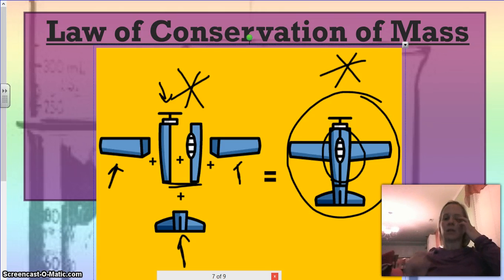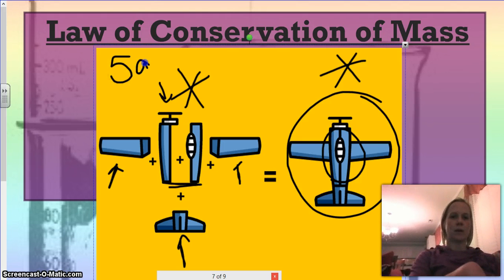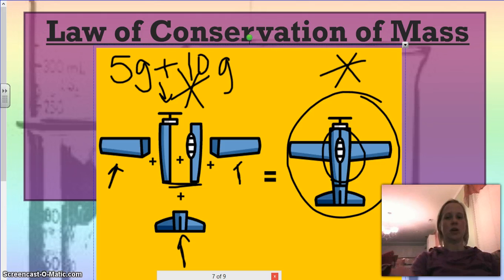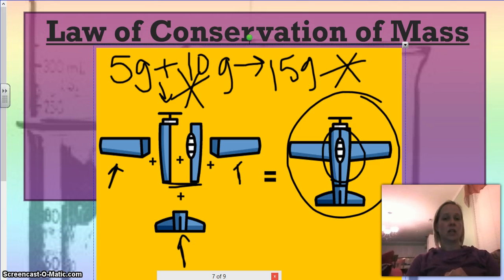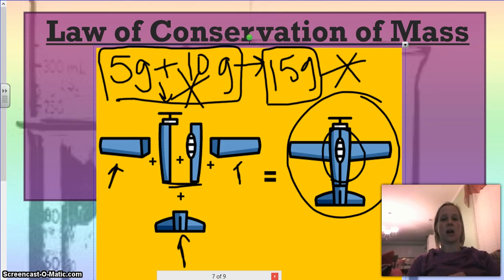So when you think about this, I want you to imagine a balance, okay? So if I put in, let's say, 5 grams of sugar, and I add it to 10 grams of baking soda, and I make a reaction, and I ask you, how much should I have in the product? You would tell me I'm going to have 15 because it's how much is over here. So this side has to in some way be equal to this side.